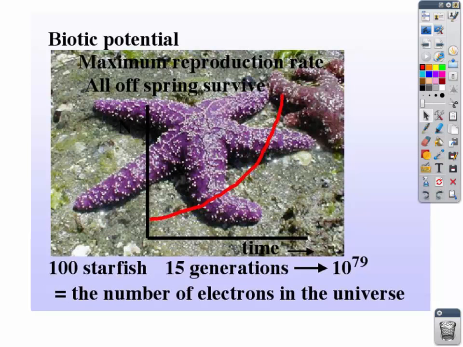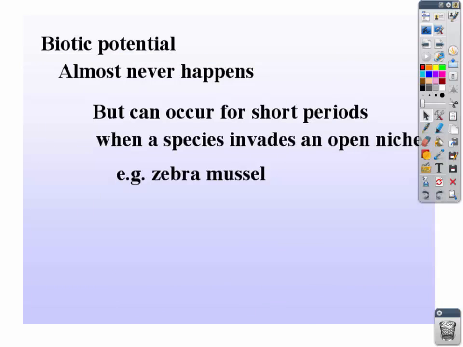If you took 100 starfish and allowed them to reproduce at their true biotic potential, very quickly, within 15 generations, there would be more starfish than number of electrons in the universe, and that's a lot. So luckily, this really doesn't happen in nature. Okay, there's those limiting resources that hold back the population from reaching its biotic potential.